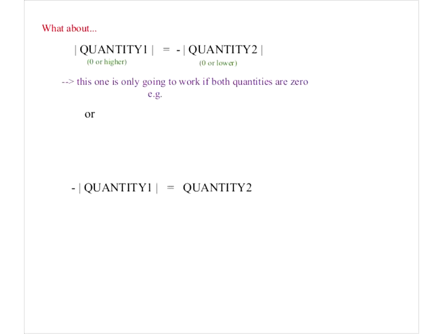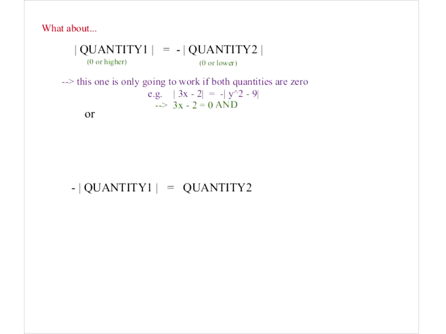Let's say I tell you 3x minus 2 equals the opposite of the absolute value of y squared minus 9. I mean, this would actually be brilliant. Because if they gave you something like that, look at how much information you've got. You know that 3x minus 2 has to be 0.